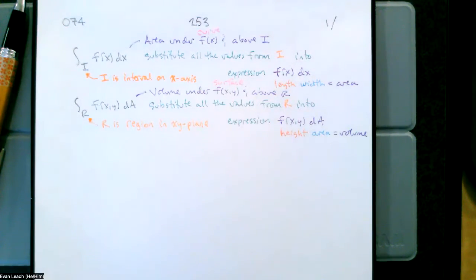So when we write the integral over R of f of x y dA, we know that f of x y is going to be a surface in R3. And so what we'll be calculating here is the volume under the surface and above the region R, in the same way that the definite integral tells us the area under the curve and above the interval.